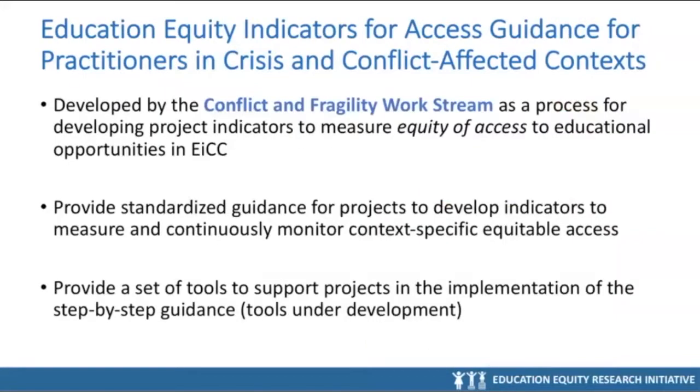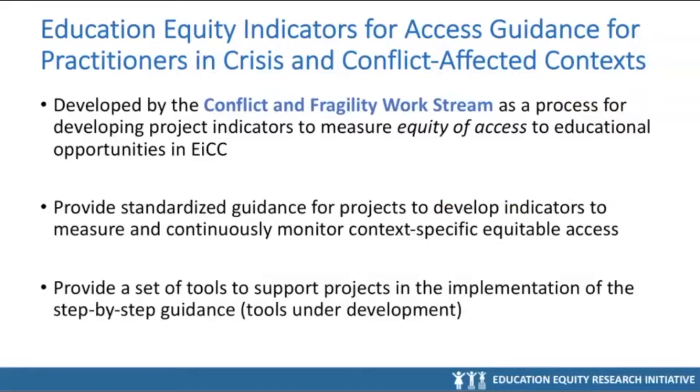In response to the findings and recommendations of this ECCN report, the Conflicts and Fragility Workstream of the Equity Initiative, in collaboration with the ECCN support team, has produced the document that we're presenting today, which provides a process for projects or country missions for developing context-specific indicators to measure equity of access to educational opportunities in conflict and crisis.